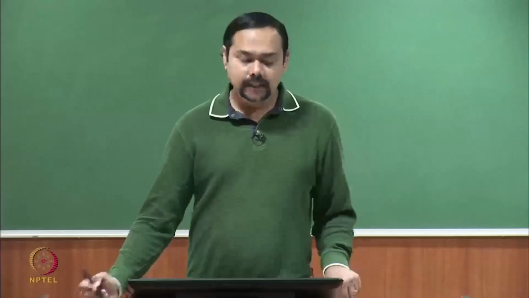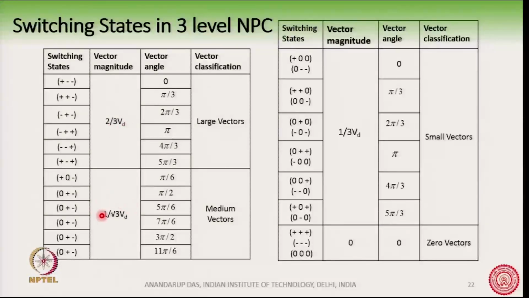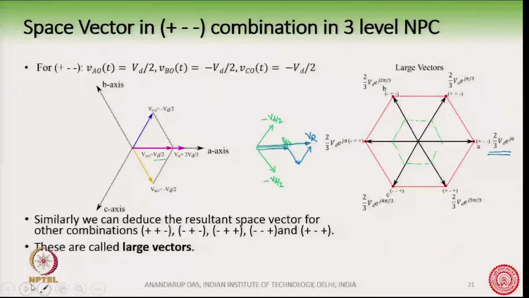So, we see that 6 switching states produce large vectors, 6 switching states produce medium vectors, 12 switching states produce small vectors, and 3 switching states produce the 0 vector.